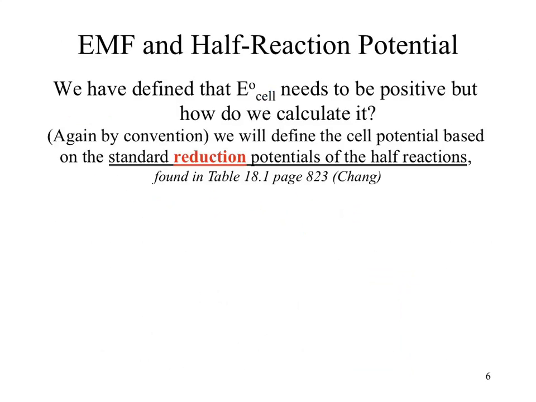That can be switched. It doesn't always have to go positive up top to negative down below, just so that you're aware. Regardless of how it's formatted, the positive value means what in a reduction potential? It's more likely to be reduced. Okay? Doesn't matter if it shows up high or low. We're always looking for that positive sign.